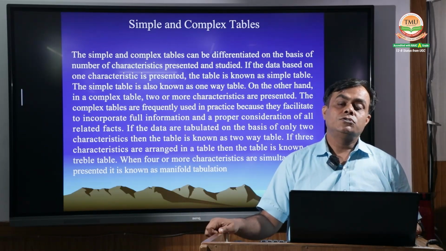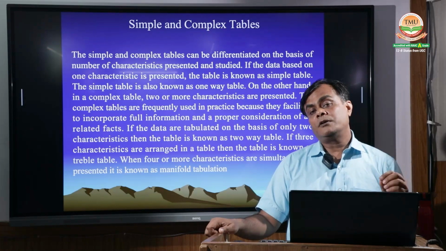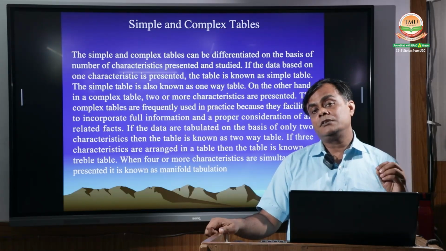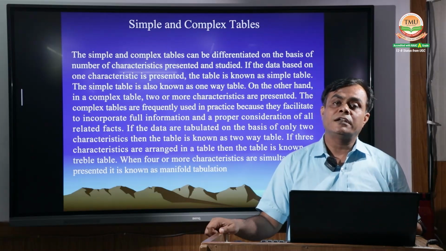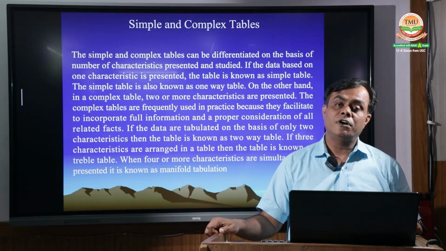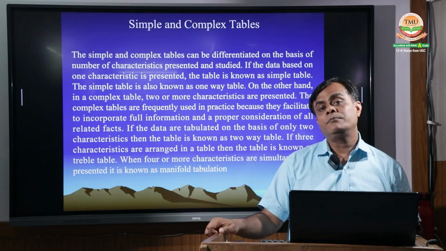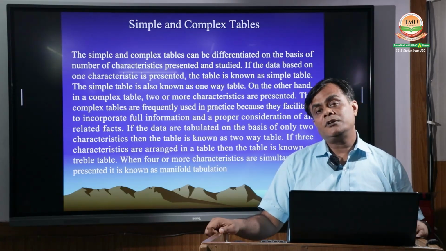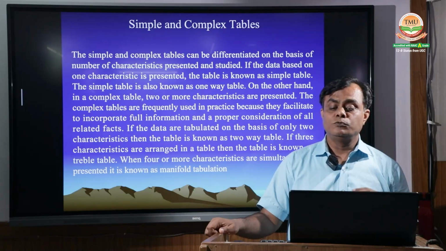Simply, the characteristic of the table is the students in a particular class and the marks they got in statistics. So if the table has one characteristic, that is called a simple table, and if a table has a number of characteristics, that makes the table more complex.